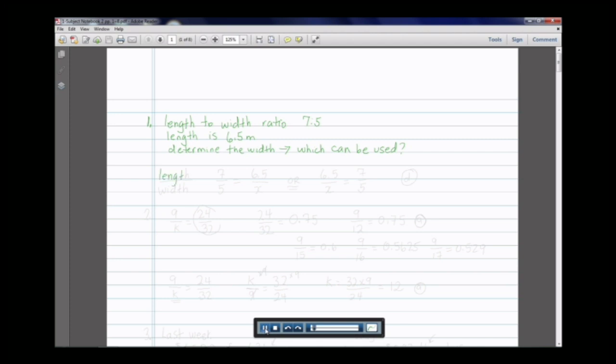So they said the ratio is length to width. And remember that ratios can be written as fractions. So that would be your length to width ratio, and they said it's 7:5. So you'd write the 6.5 on the top because it's like an equivalent fraction. And you're looking for the width, so it would be the x.